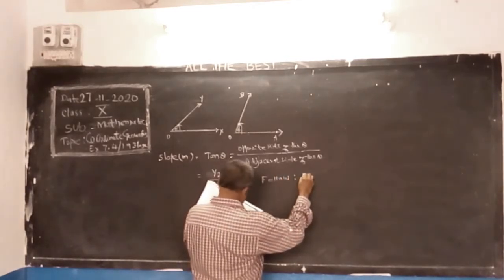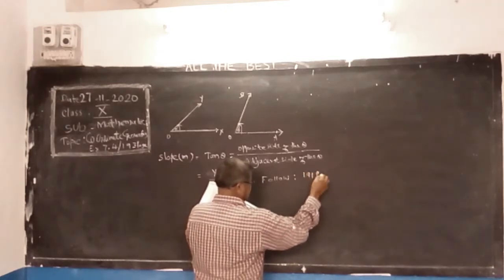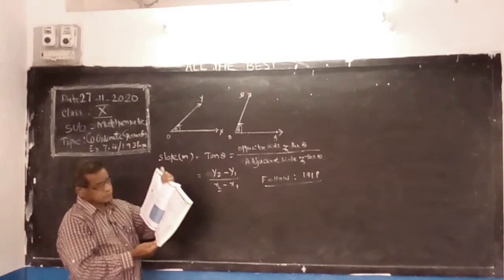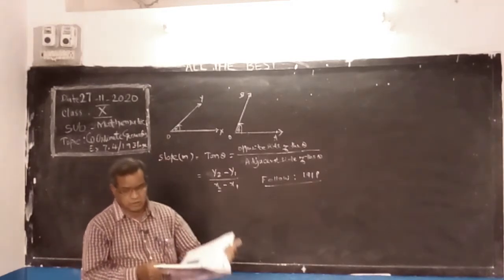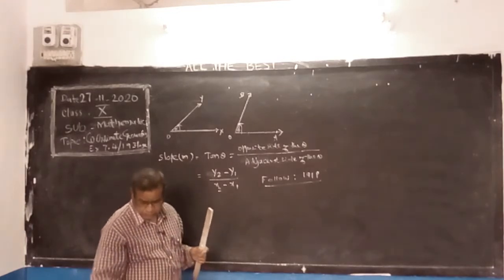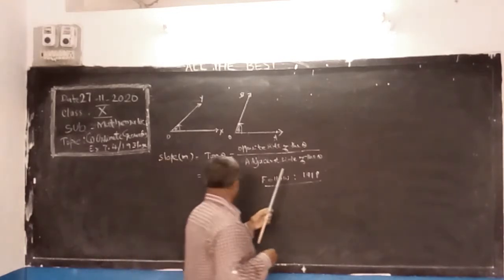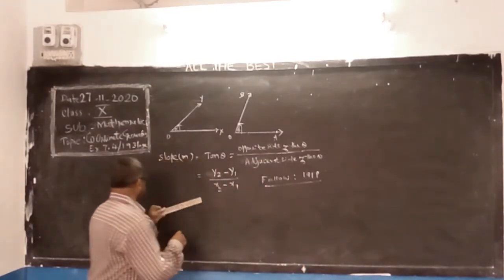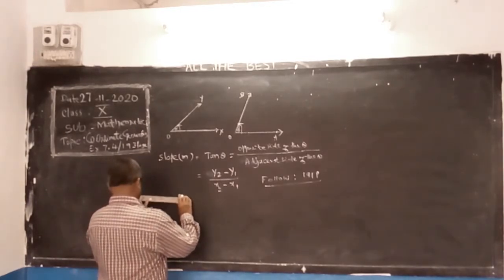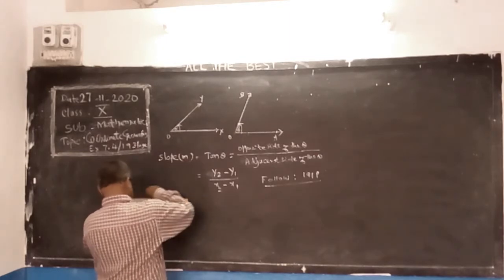Follow page 191, the derivation is given. If you want, I will explain. We have to find the slope of the line. For the slope of the line, the y is y2 minus y1. I explain.